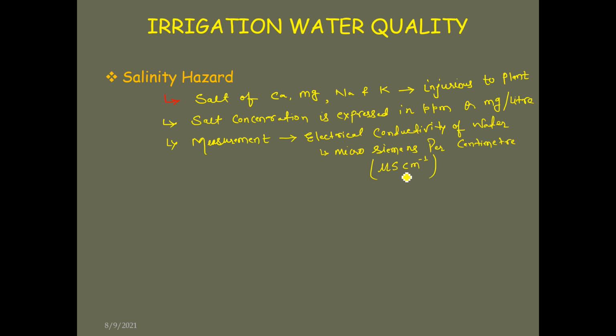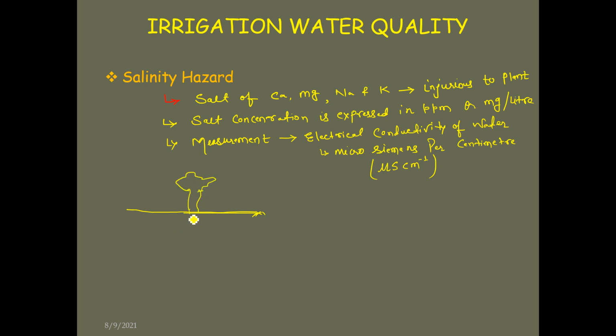Actually, how does this concentration of salt affect the plant? We know through this diagram. Suppose this is the ground surface, and this is your plant. Just pardon me for this figure.